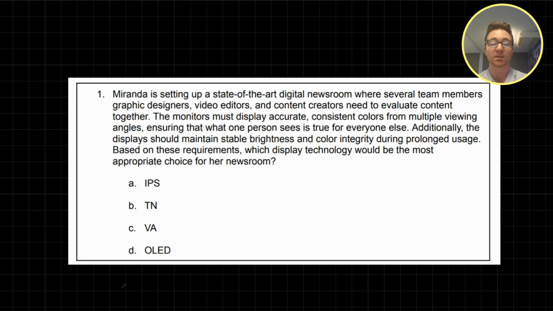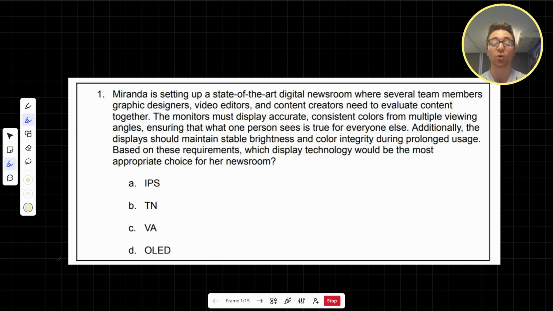Additionally, displays should maintain stable brightness and color integrity during prolonged usage. Based on these requirements, which display technology would be the most appropriate choice for her newsroom? A. IPS, B. TN, C. VA, or D. OLED? Pause the video if you need more time.